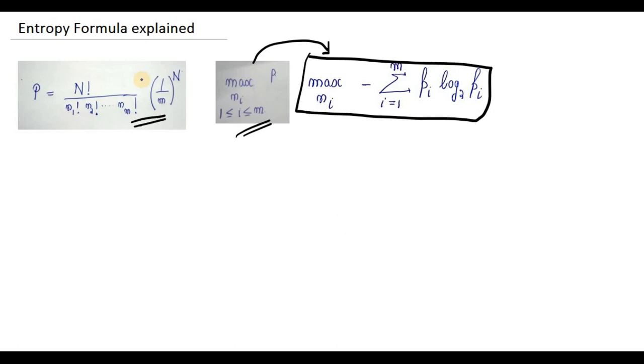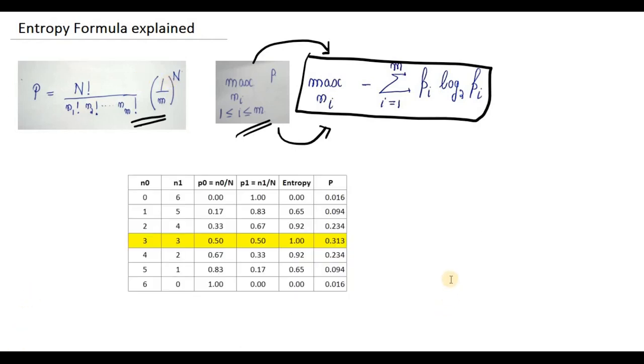Now we will take a small numerical example to validate whether this assertion is holding true even for smaller data sets or not. We considered a very small binary classification problem where we considered only two classes like positive and negative or 0 and 1. N0 is the number of observations corresponding to the negative class and N1 is the number of observations corresponding to the positive class.